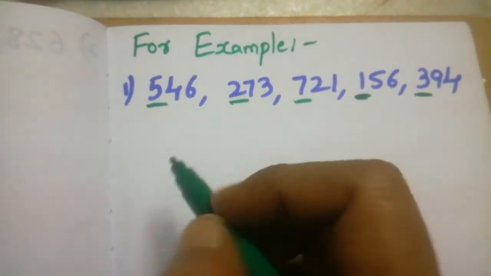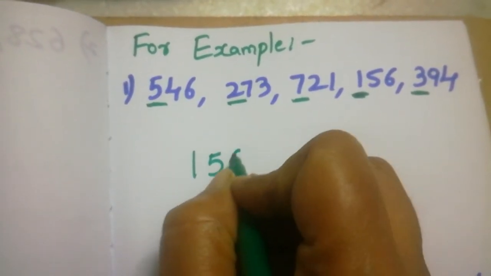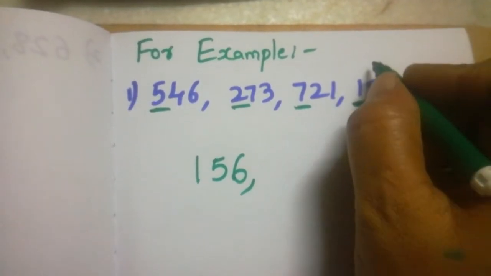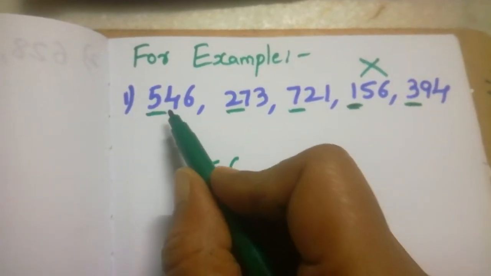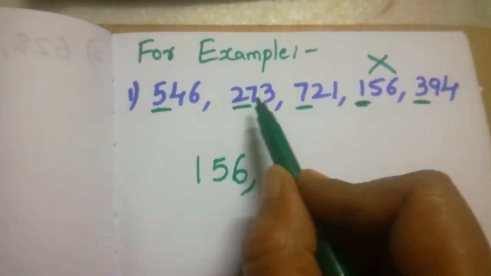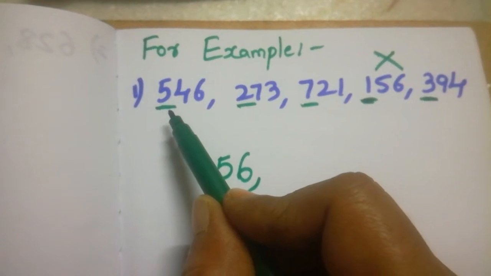So the number which is smallest is 156. So 156 we should write first. Now put a small cross. Now we should compare the other 4 numbers. If you compare the other 4 numbers, again see the digit in the hundreds place.